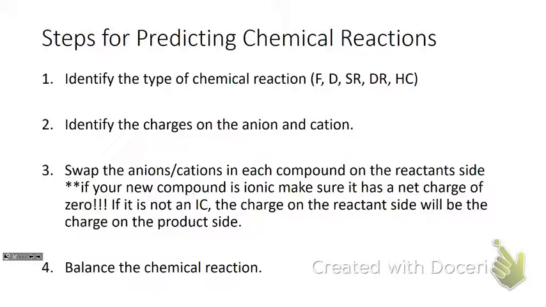So if you're ever not sure what the charge is going to be on the product side because it is molecular, remember those don't always have a net charge of 0, right? So if you're not sure what charge to make it on the product side, just look back on the reactant side, and whatever that charge is, it's going to be the same charge on the product side, okay? And then step 4, you're going to balance the chemical reaction, okay? So those are our 4 steps.